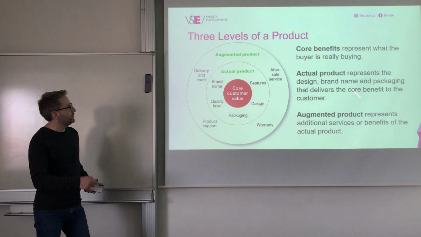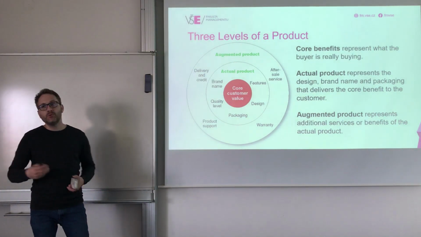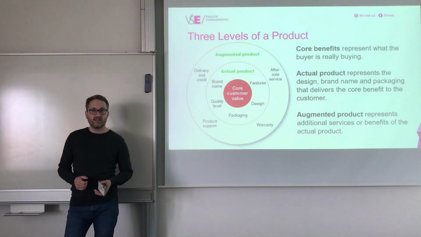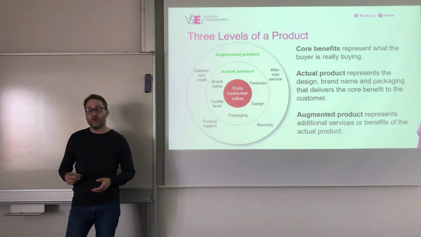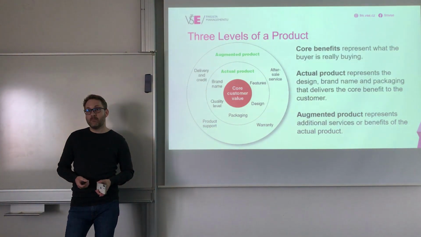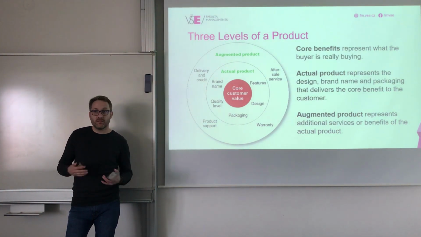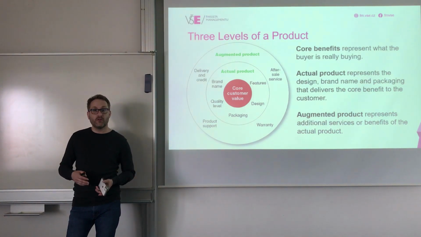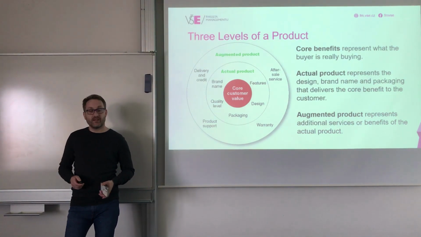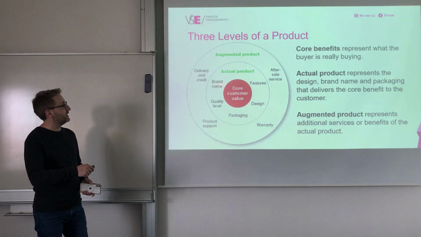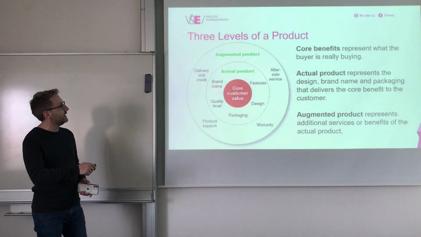But if you talk about the actual product, you already have some preferences. Someone may buy an iPhone, someone may buy a Samsung model, or other brands. So this is the actual product represented by the brand.